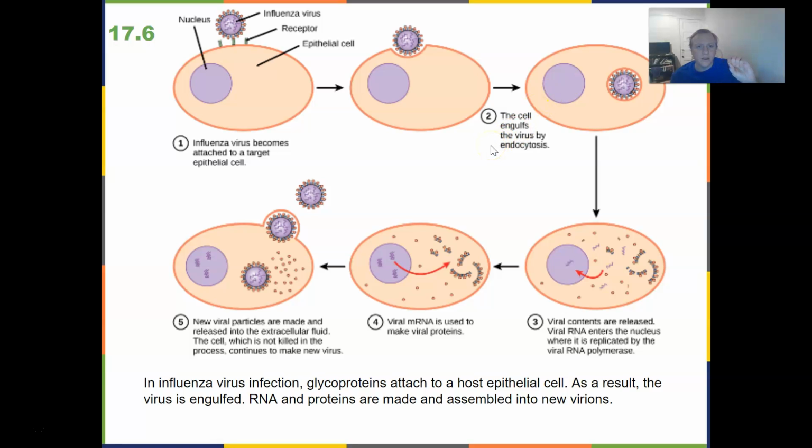The contents of the virus are going to be released, including viral RNA, which is going to enter the nucleus, and it's going to be replicated by a viral RNA polymerase, which we've kind of already gone through. The viral mRNA is going to be used to make viral proteins, which are going to be assembled into a new virus, which is going to be released from the cell.